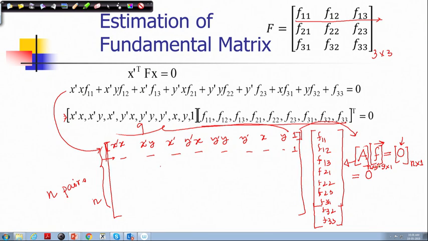So, given n pairs of corresponding points, you can form this set of equations. Now your task would be to solve this equation to get f, and you can see this is a set of homogeneous equations. Again, you can apply the least square error estimate to solve this.